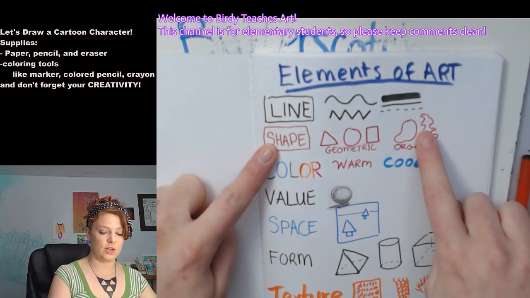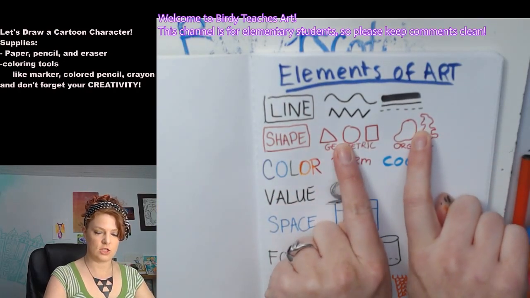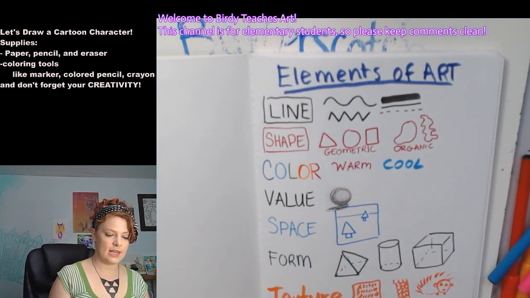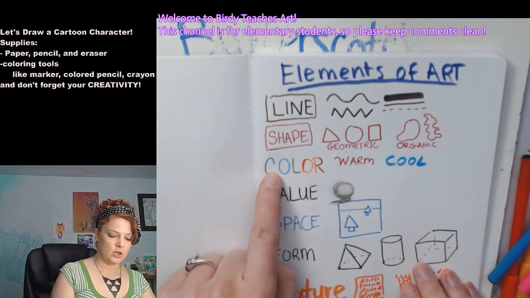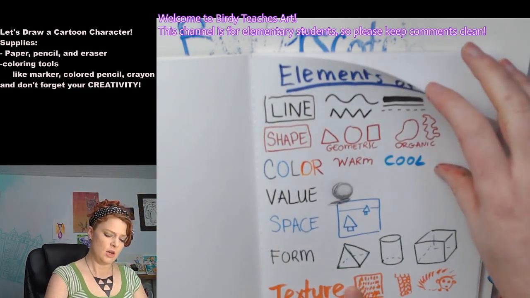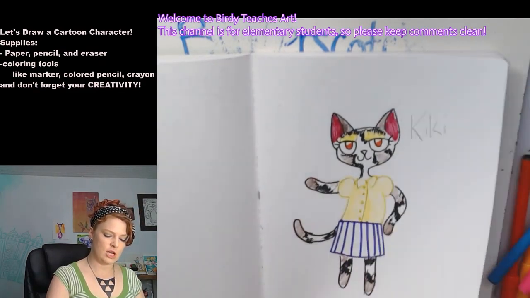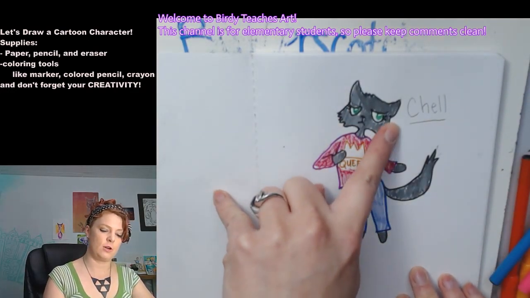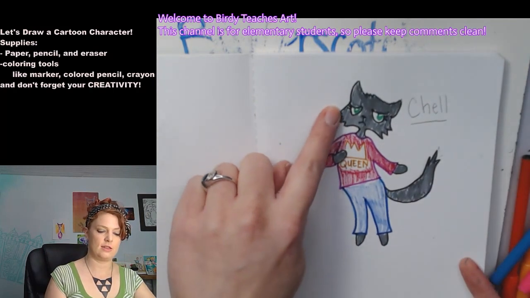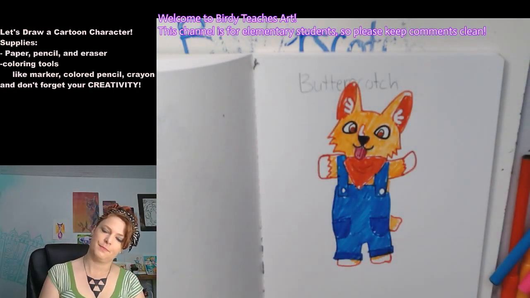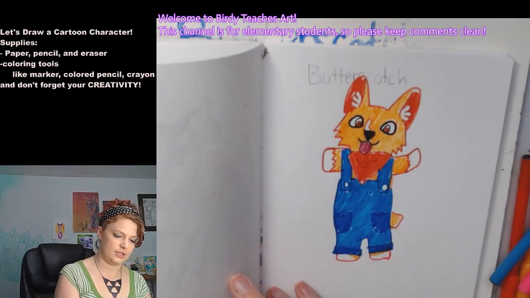We used organic shapes and geometric shapes like ovals and triangles to build our characters, making them nice and simple. We colored in our characters. We didn't necessarily use too much texture, except for when I was trying to create that fur on Chell's. I feel like the way that I drew that makes it have some texture. Okay? I think my favorite is Butterscotch.